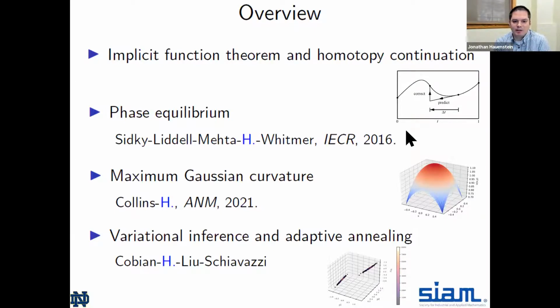Then I'll talk about three applications in phase equilibrium, the maximum Gaussian curvature of a surface, and then some recent work that we've been doing with my current PhD student, Emma Kobian. She's in her third year. And two other faculty members here at Notre Dame, Fang Liu and Daniel Shiavazi, on variational inference. So how we can apply homotopy continuation to statistical models.